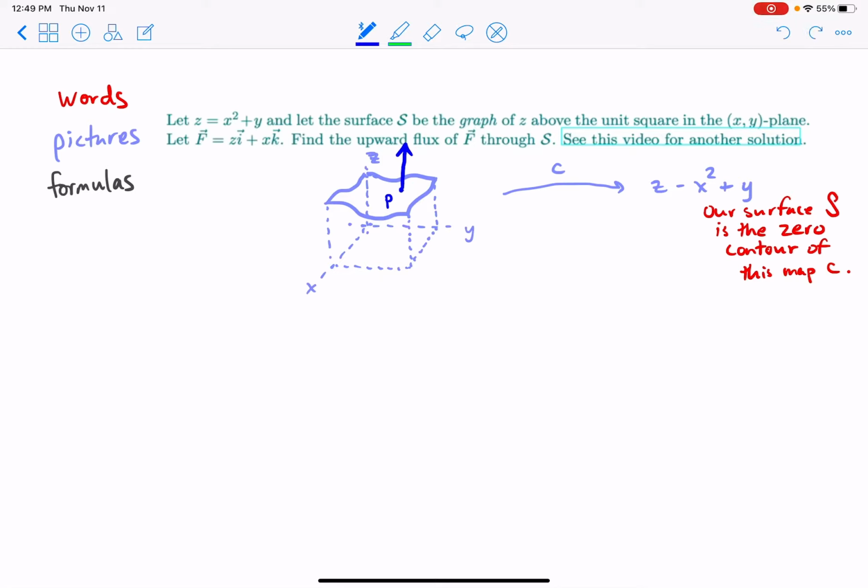We can get that from the gradient of C. The gradient of C at P will be normal to the surface, or we can normalize it by dividing by its length. You remember the gradient of a contour is orthogonal to the contour, so that's where we get 90 degrees.